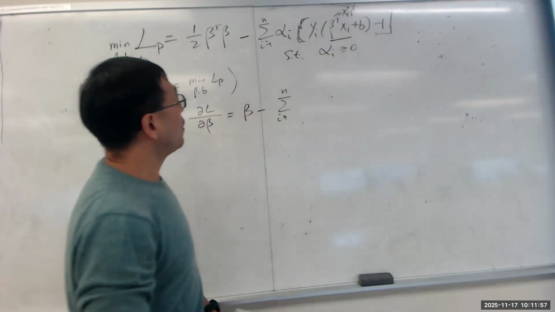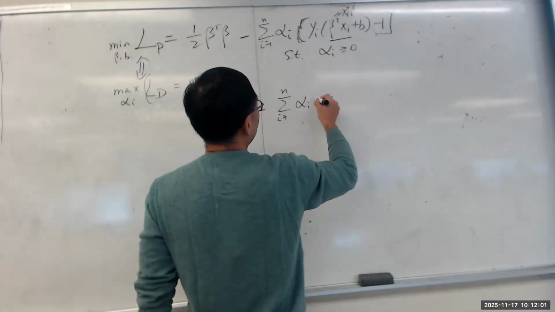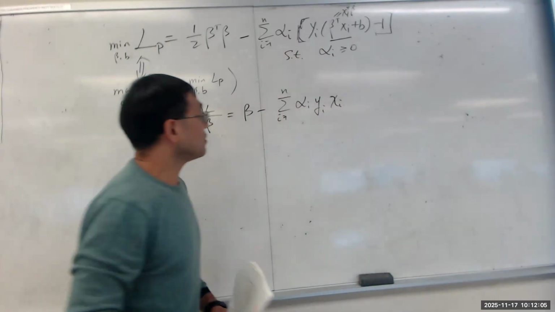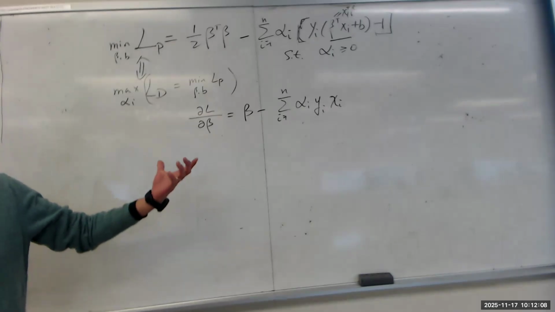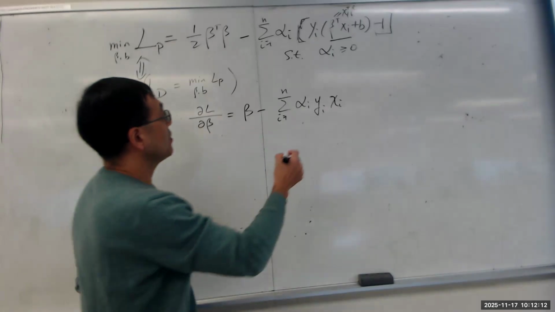So the derivative of the second term is just alpha i yi times xi.